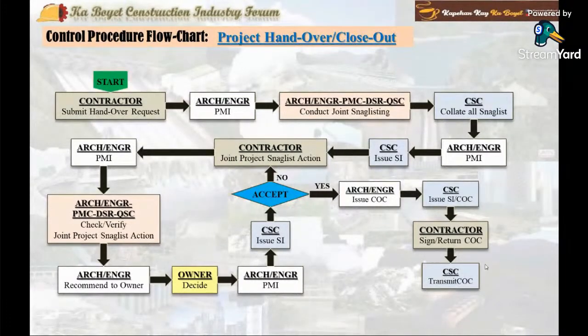The consultant then formally transmits this COC signed by the contractor authorized signatory back to the owner through the project architect engineer, and the consultant retains a copy, a COC photocopy, and copy furnishes the project designer and the QS consultant.